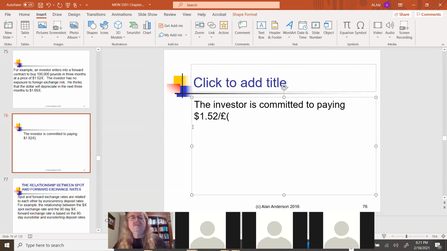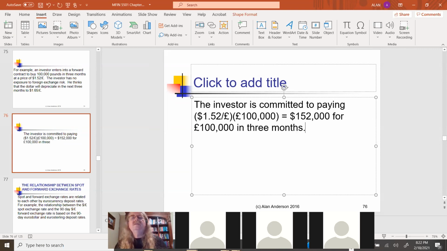Okay, so we're going to multiply these together. $152,000 for 100,000 pounds in 3 months.